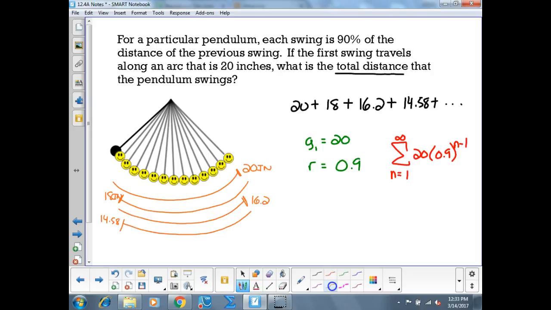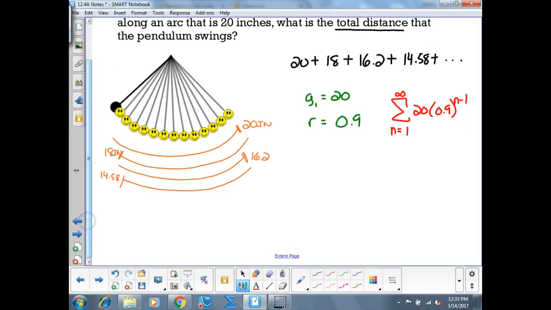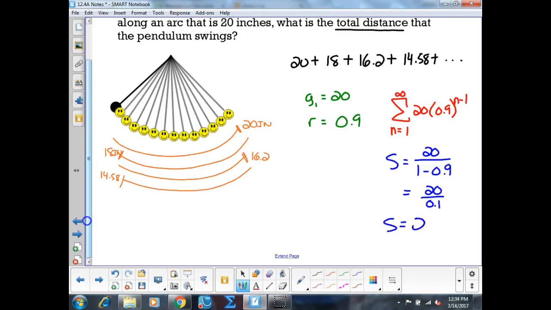This is in inches, yes. I get 200 inches. Yes?